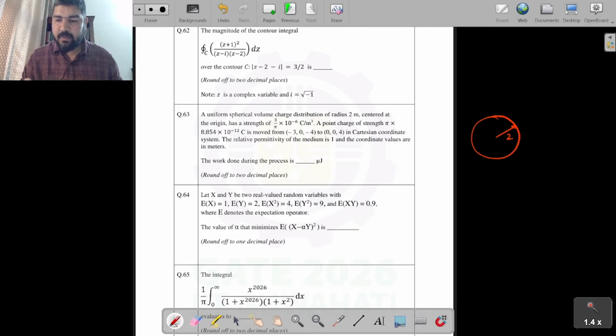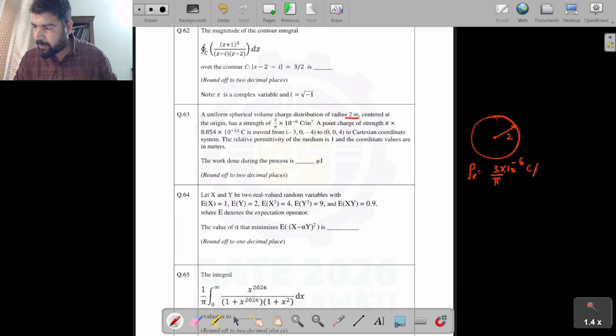There is some charge distribution, and the volume charge density is given as 3 by pi into 10 to the power minus 6 coulomb per meter cube.